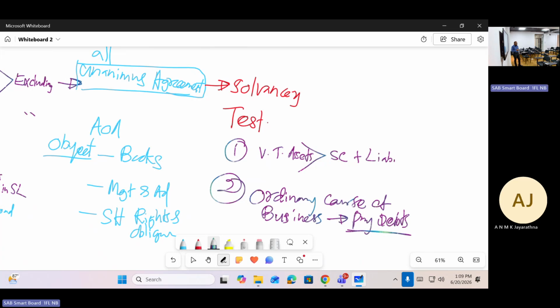So what do we have to consider? Second one should be the first part, but there are two conditions. In the day-to-day business, we have to check whether the company is able to pay its debts. According to accountancy, what do we have to consider?